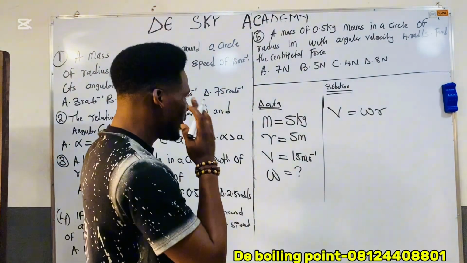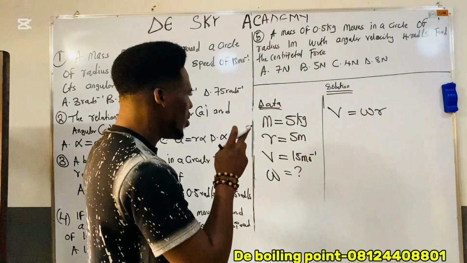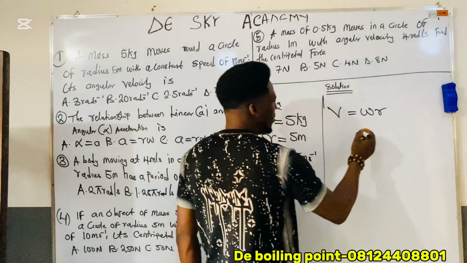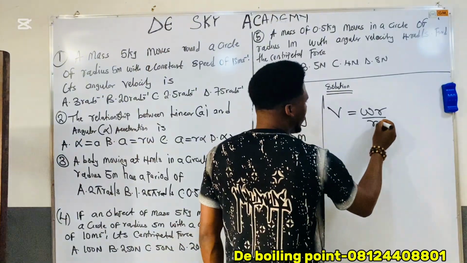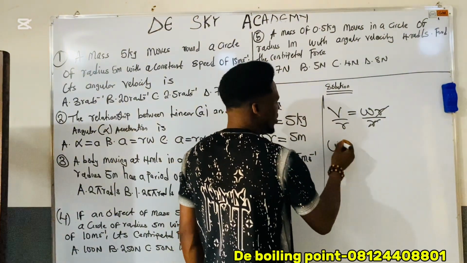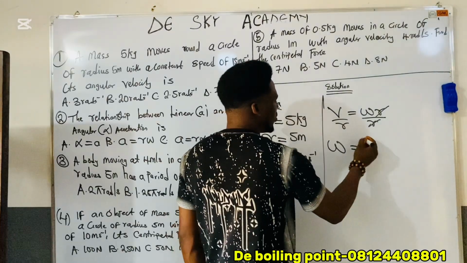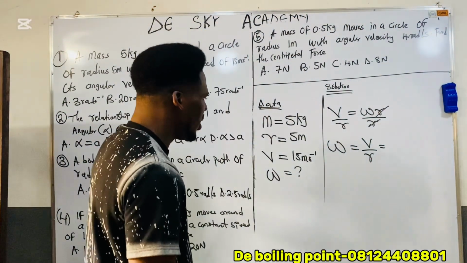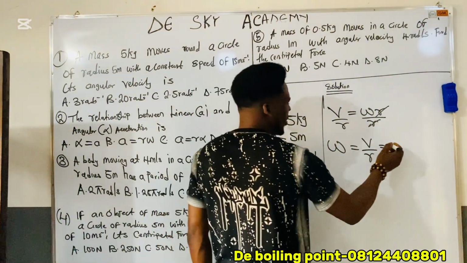So if linear velocity is omega r, you make omega the subject of the formula. That means divide by r, and this r will cancel this r. So omega is equal to velocity over r. Did they give us the velocity?